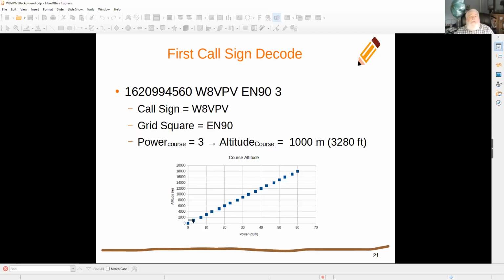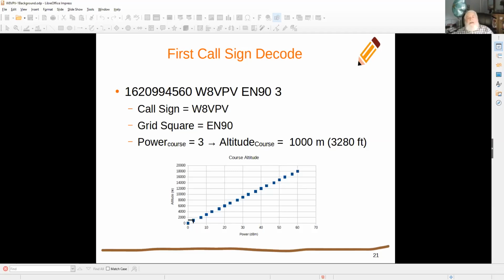So for instance, here's the timestamp that would be in the WSPR database, and you notice that the last 3 characters are 5, 6, 0. If you're interested, this is in Unix epoch time, so the number of seconds since January 1st, Greenwich Mean Time, at 0000.